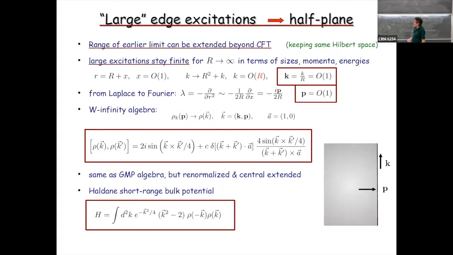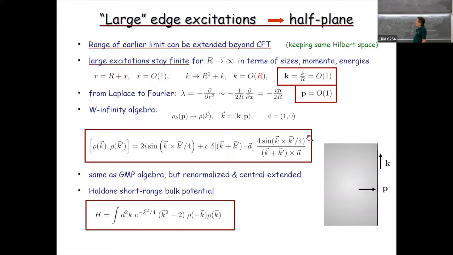But then I can go beyond. I can extend the limit. So the previous limit can be extended, and I can consider a fluctuation within the same setting. I can extend to fluctuations which allow me to define a finite momentum around the edge and in the bulk.